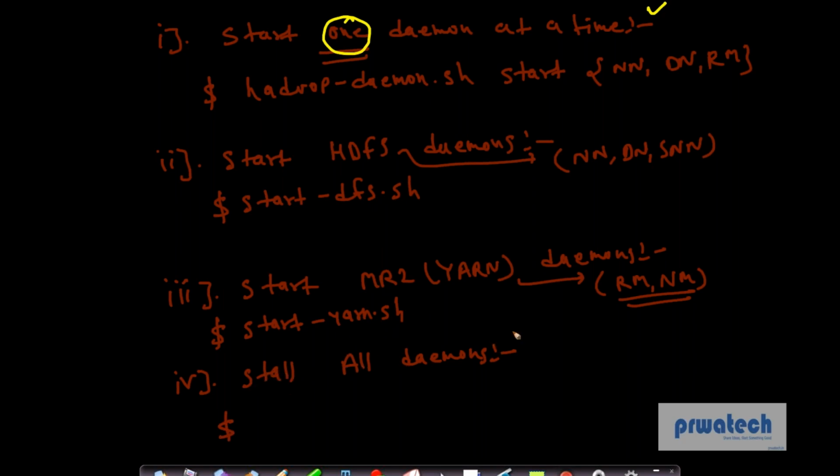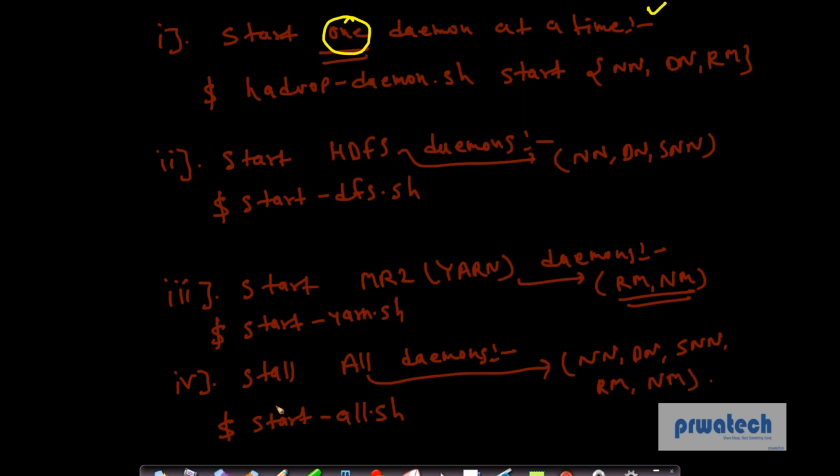What if I want to start all the daemons? Then there's a script named start-all.sh. When I say all, it is starting name node, data node, secondary name node, resource manager, and node manager. So this is all services, all daemons started.